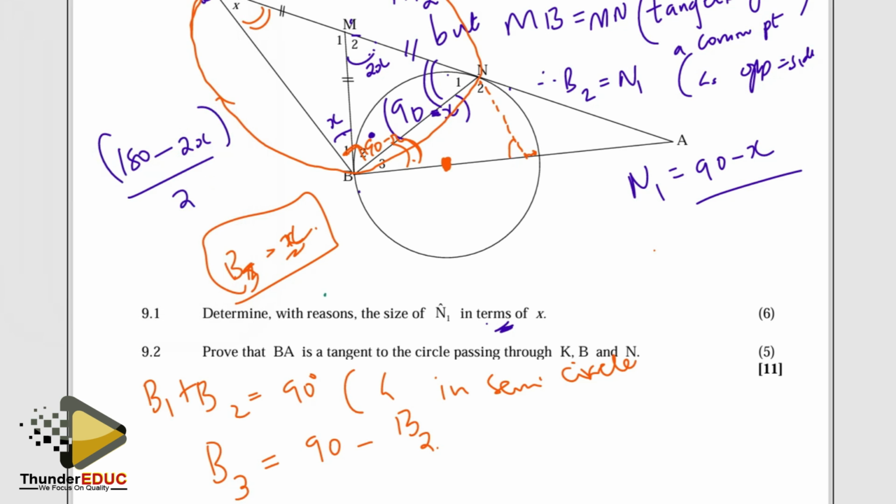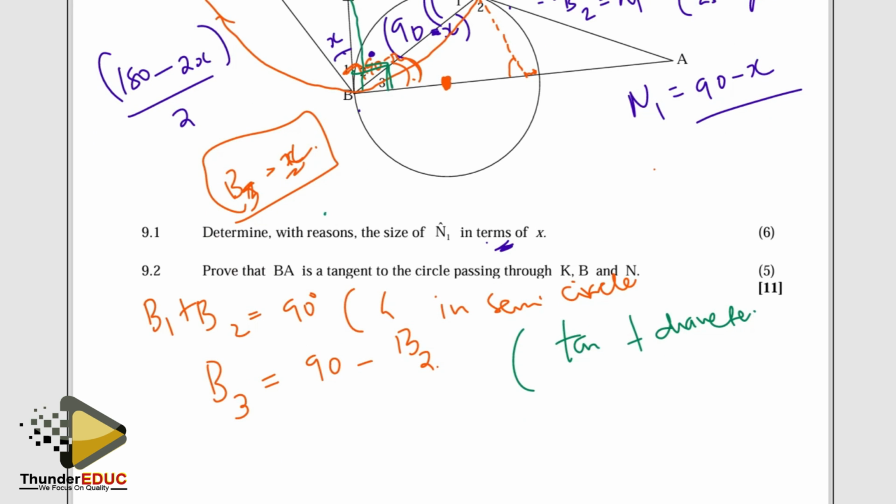So why am I saying that? Because this is a tangent and this is a diameter, so I'm going to say tangent perpendicular to the diameter. And then if this is 90 minus x, it's going to be 90 minus 90 minus x, which is 90 minus 90 plus x, so B3 is x.